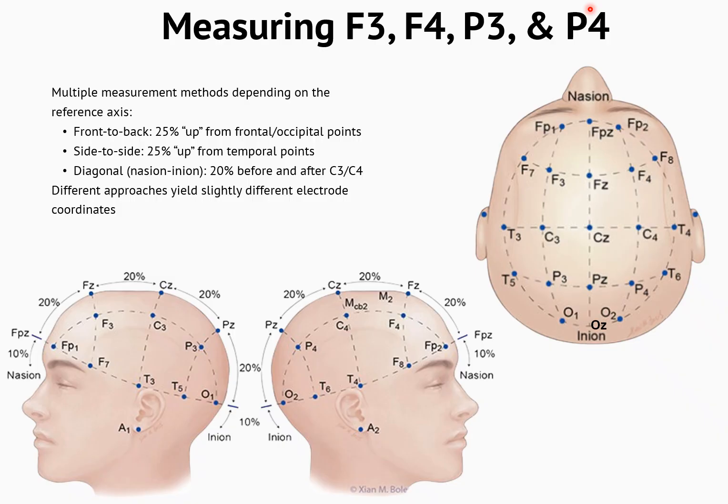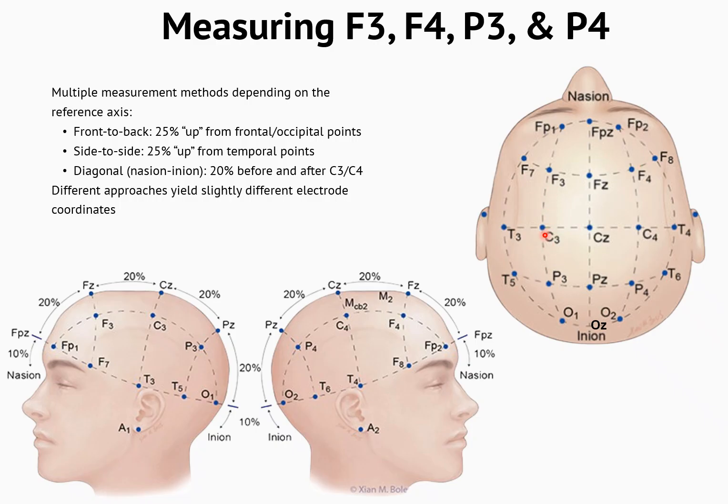And now finally, we have the diagonal method. This is measured from the nasion to the inion, but not through our midline, but rather through C3 and C4. So we're actually measuring it diagonally like this. The F3 and F4 points are 20% of that total nasion-to-inion length in front of our central electrode.